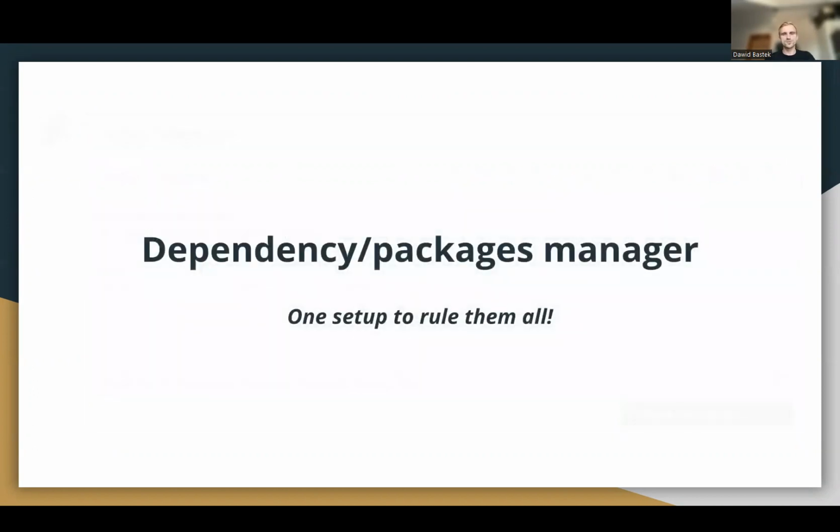The third tool is a dependency and packages manager. Maybe the name is not familiar to you, but I think you are using this a lot. The difference is that one dependency and packages manager is for a global setup, to keep consistency of the global environment, and the second one is to keep your project environment consistent.